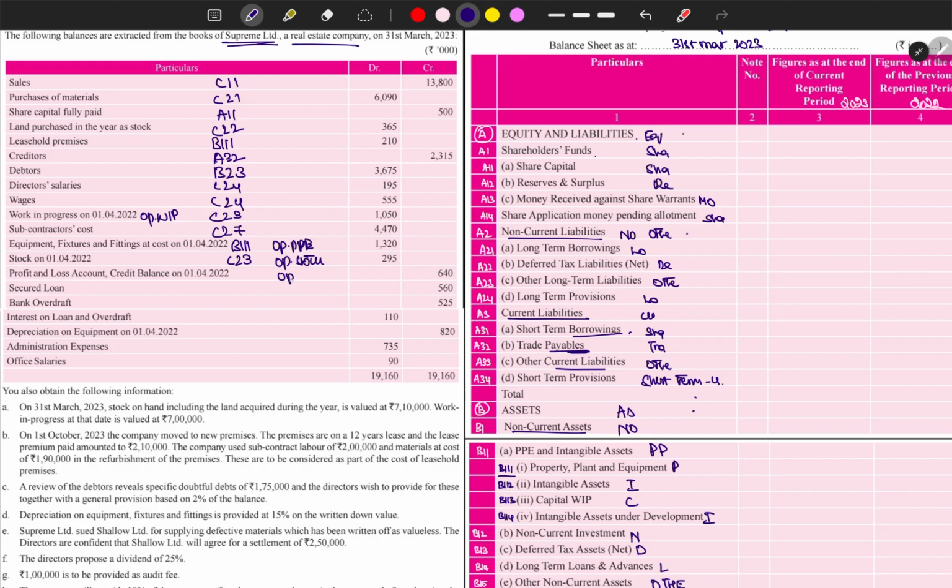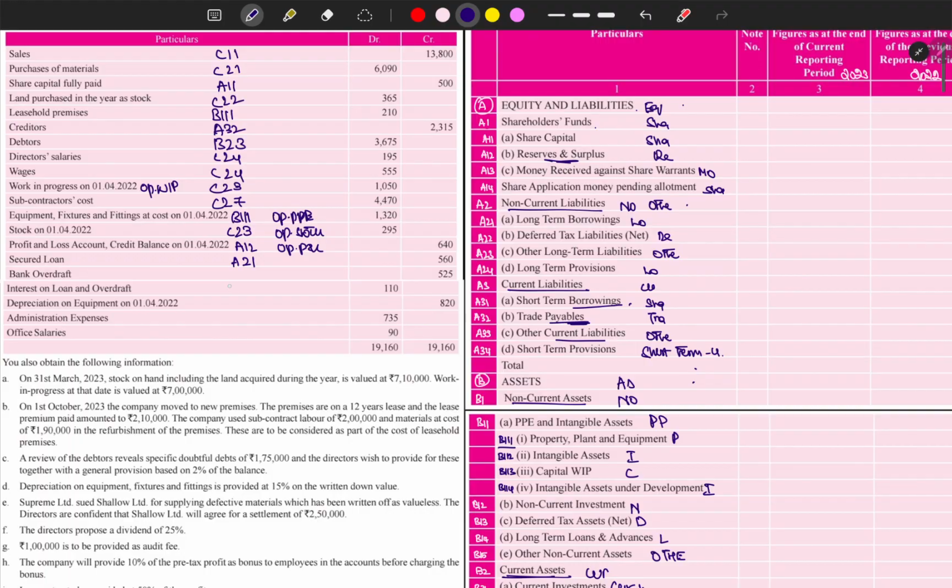Then P&L account, opening P&L, which is A12, which is reserves and surplus. It goes to reserves and surplus. Secured loan, which is long-term borrowings. Long-term borrowings comes under non-current liabilities. It is numbered as A21. Okay, bank overdraft. This is short-term borrowings, which is A31.